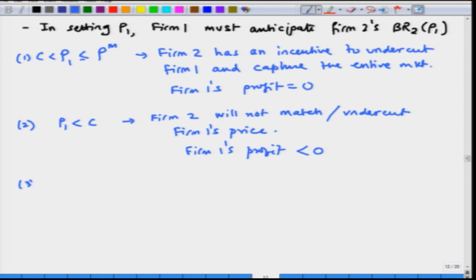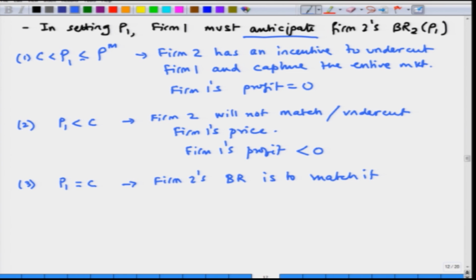And finally, if firm 1 charges a price which is equal to marginal cost, well, firm 2's best response is to match it, right. So, both firms are going to split the market and the profit of each one of these firms is going to be equal to 0. So, this behavior of firm 2, which firm 1 is going to anticipate, puts firm 1 in a bind.